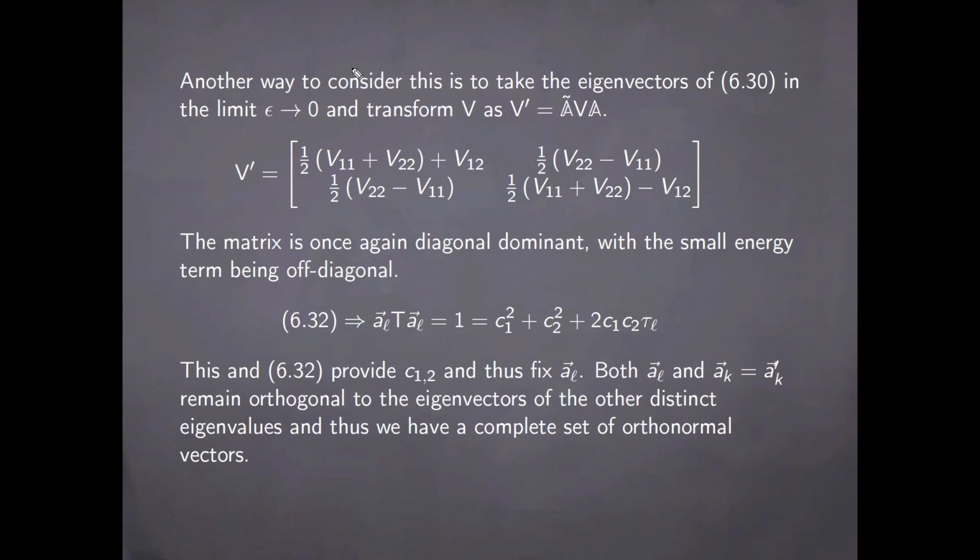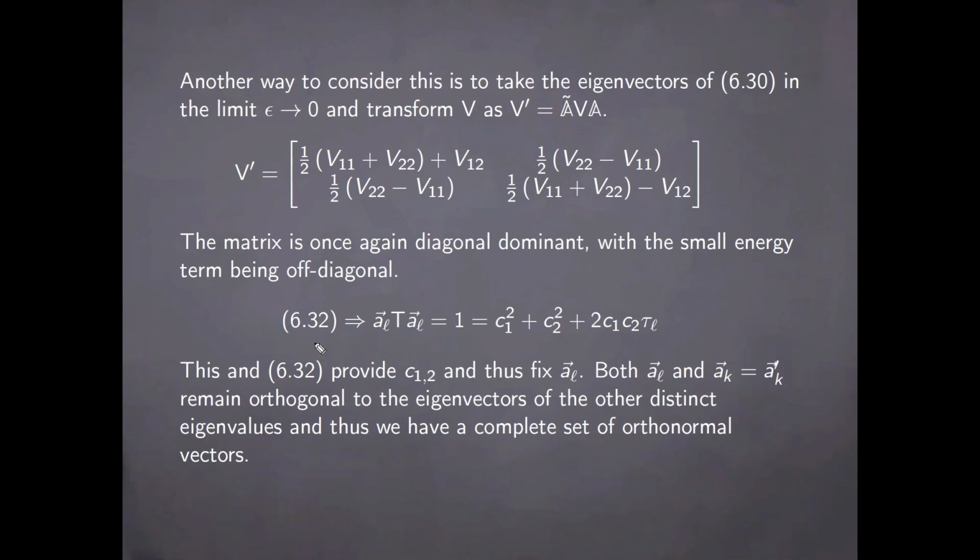So one other way to see these considerations is to take the eigenvectors of 6.30 in the limit where epsilon goes to 0 and transform V through the similarity transformation here in order to obtain the following primed matrix, where we see that it is diagonally dominant, but it has small terms that are off diagonal.